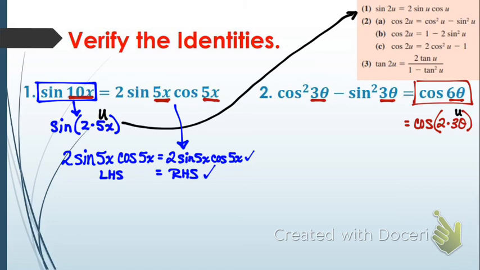What's my double angle formula for cosine? Cosine squared of whatever u is, in this case 3 theta, minus sine squared of my angle, which is 3 theta. And that's exactly what I had on the other side. Told you I could do it.